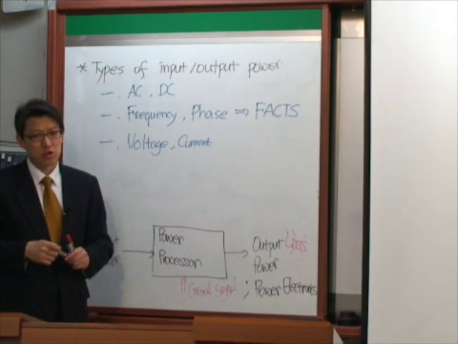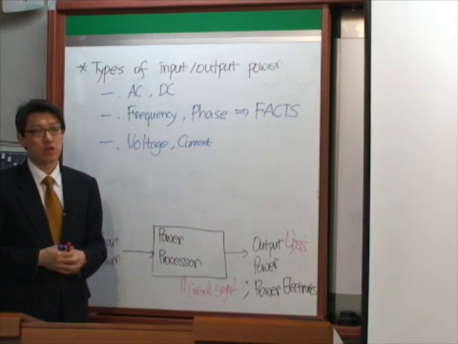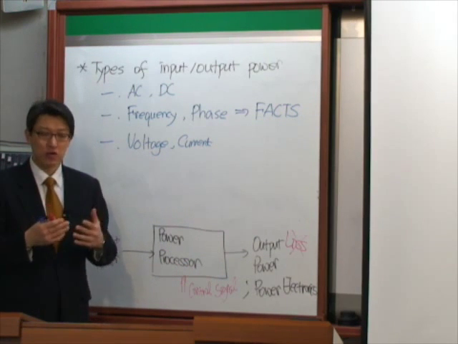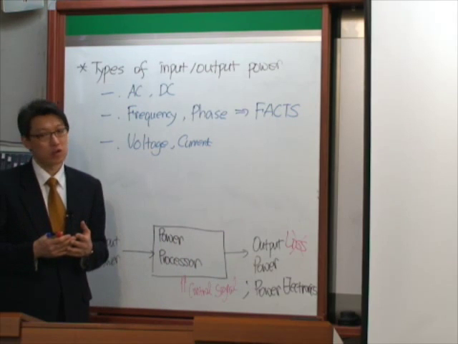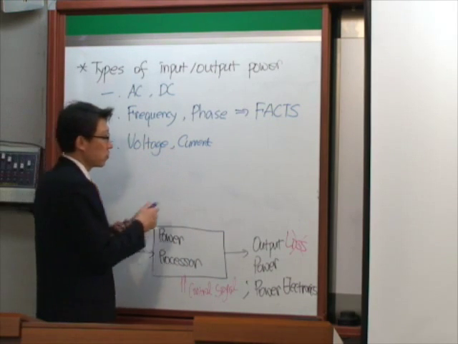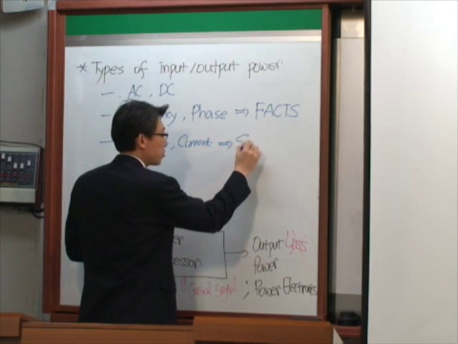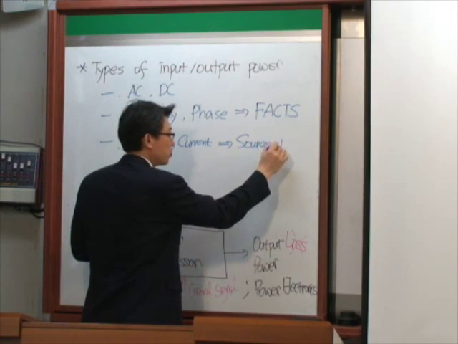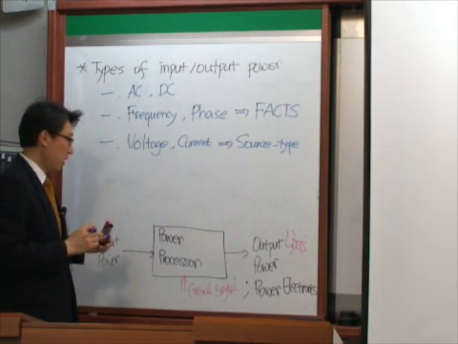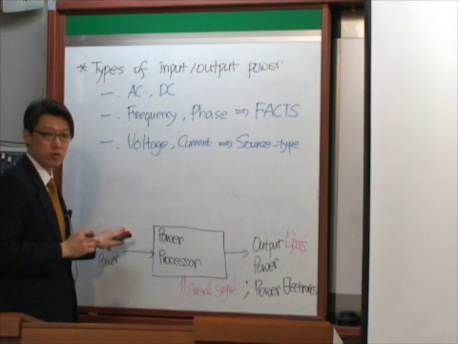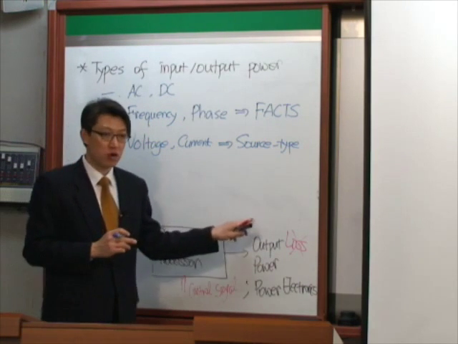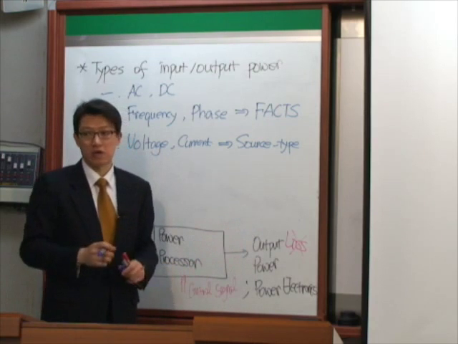Now you may ask yourself, Professor, voltage and current are all related to each other by Ohm's law? Yes, correct. But what I'm now saying, voltage and current is about the source type, which means we can have a voltage source or a current source, and we can change to a current source or voltage source, different types.